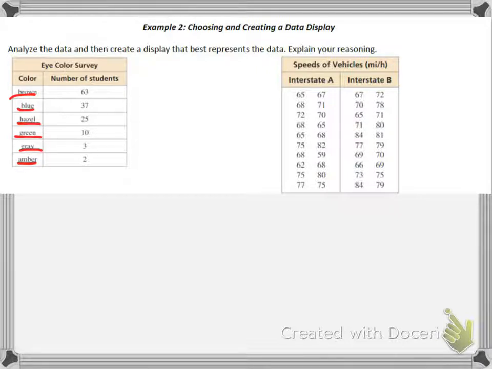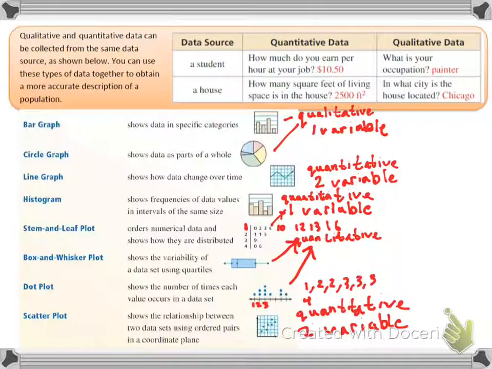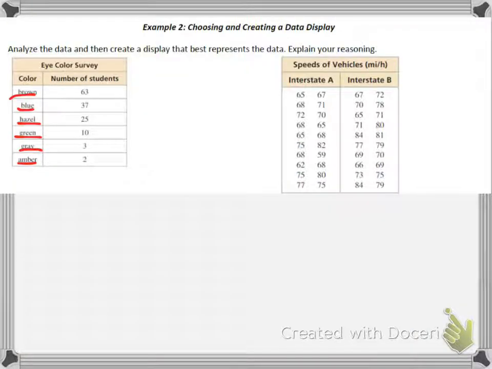I need to look at my categorical data. And I think probably what I'm looking for is what are those more common eye colors. So 2 ways I might go here, a bar graph or a circle graph. Both will give me similar images, but with a circle graph, I'm going to get a far greater idea of what percentage of people, what fraction of people have that particular eye color.